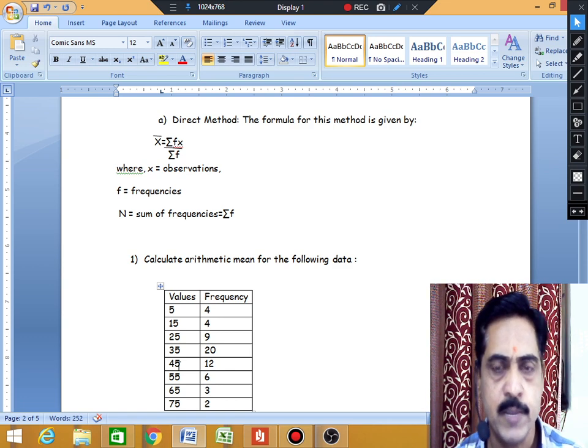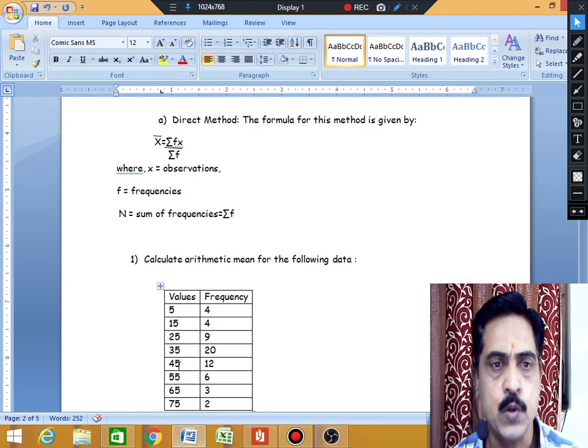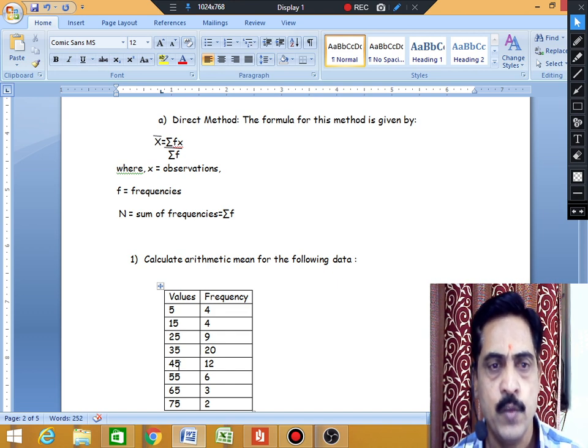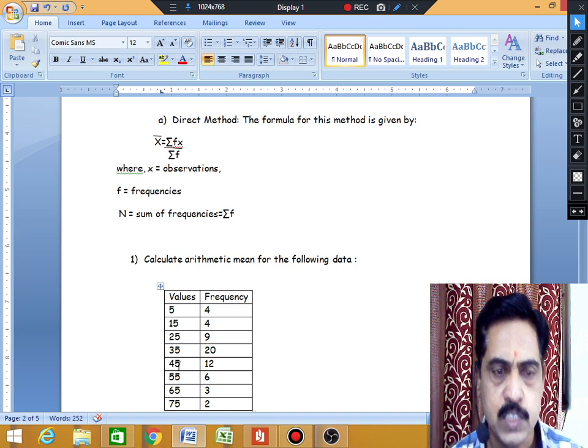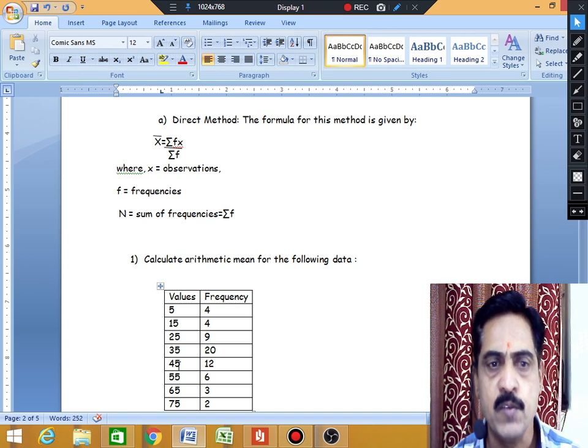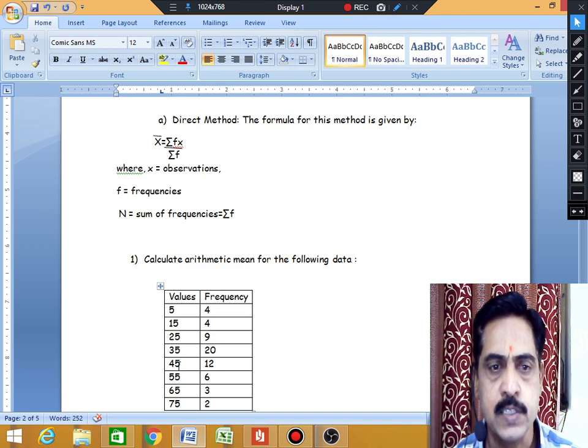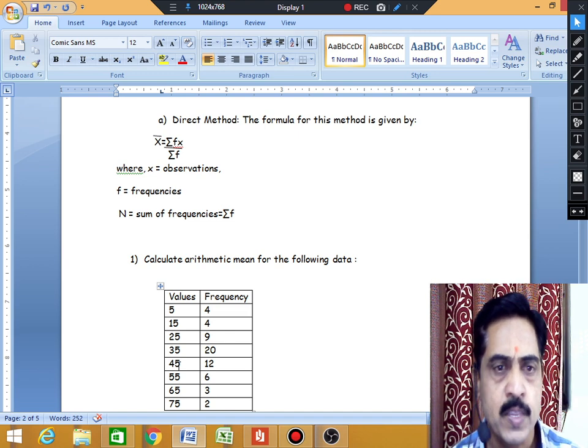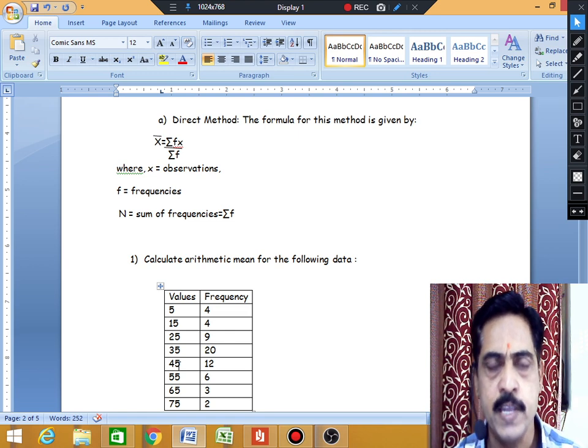The arithmetic mean is calculated by using the formula x bar is equal to sum of fx divided by sum of f, where x are the observations, that is given values, f are frequencies, sum of f is the total sum of the frequencies, which is also denoted by capital N. Here fx means the product of each x and f value.